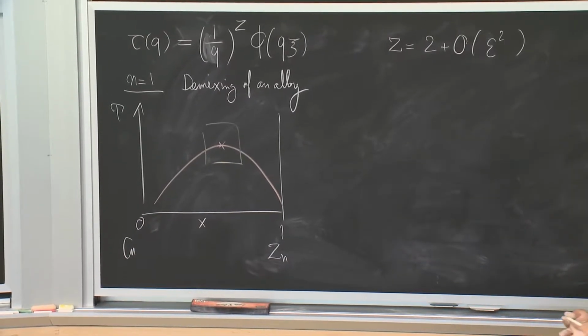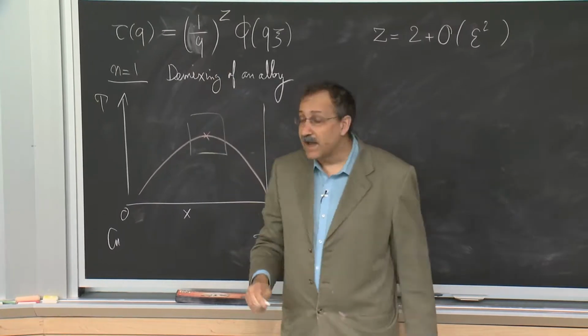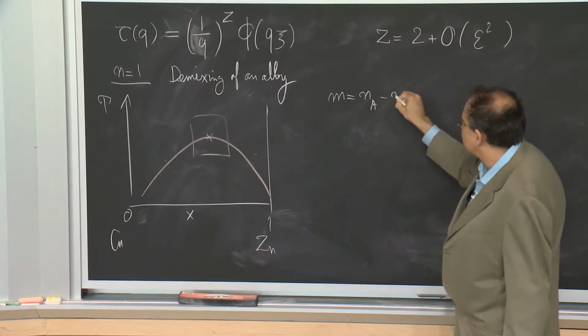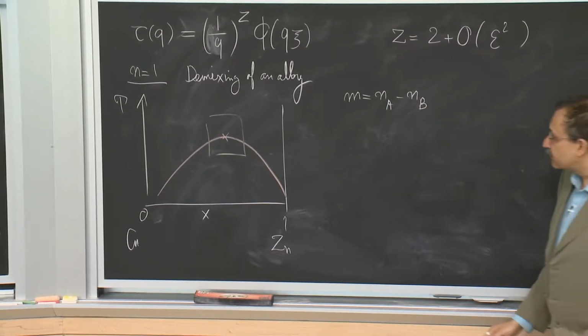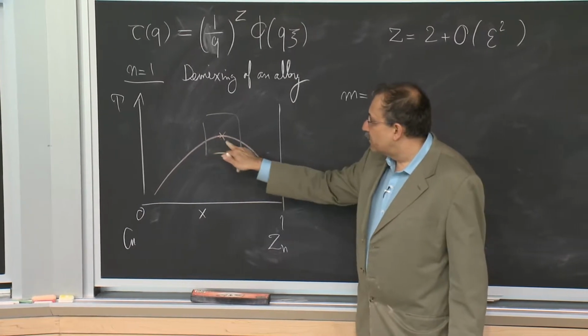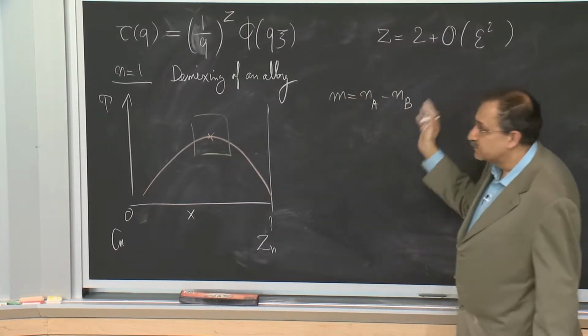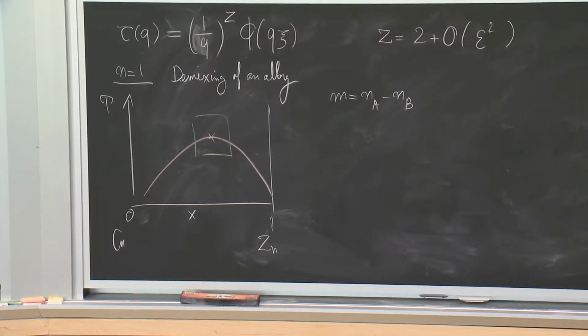And in particular, if I were to pick someplace in the vicinity of this and try to write down a probability distribution, that probability distribution would be exactly what I have over there, where m is, let's say, the difference between the two types of alloys that I have compared to each other over here. So this is related to 2x minus 1 or something like that. Doesn't matter. Okay?